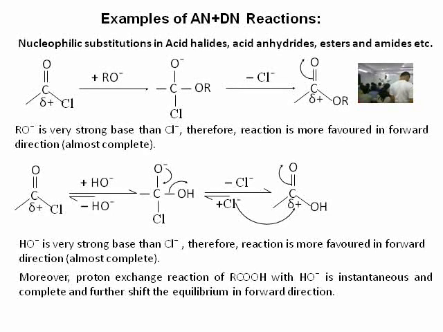Moreover, here the proton exchange reaction of RCOOH with OH minus is instantaneous and complete, and will further shift this equilibrium, shown above, in the forward direction. In this way, OH minus reacts as a base with the carboxylic acid, water is removed, and the carboxylic acid is converted to the corresponding salt.